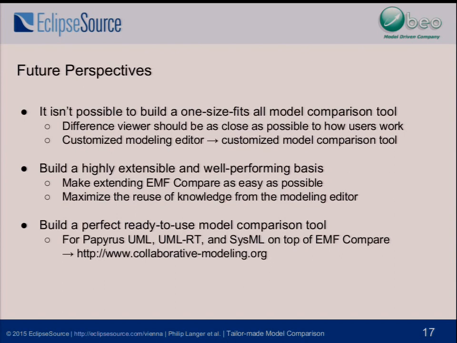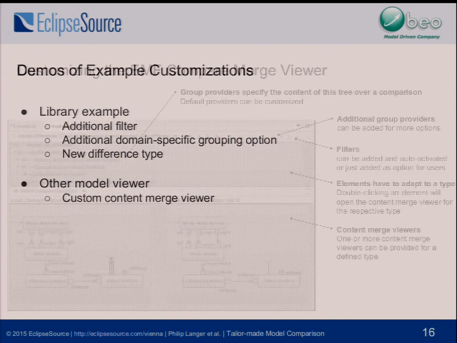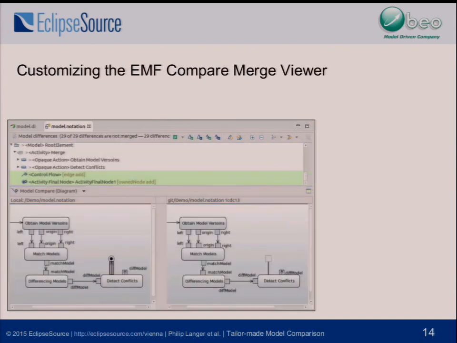So the goal is rather, instead of creating one-size-fits-all model comparison tools, to build a highly extensible and well-performing basis and make extending EMF Compare as easy as possible, and also to try as much as possible to maximize the reuse between what the modeling editor uses and what the model comparison framework uses. When they use the same APIs, it's of course much easier to customize. One example is the EMF Edit framework.